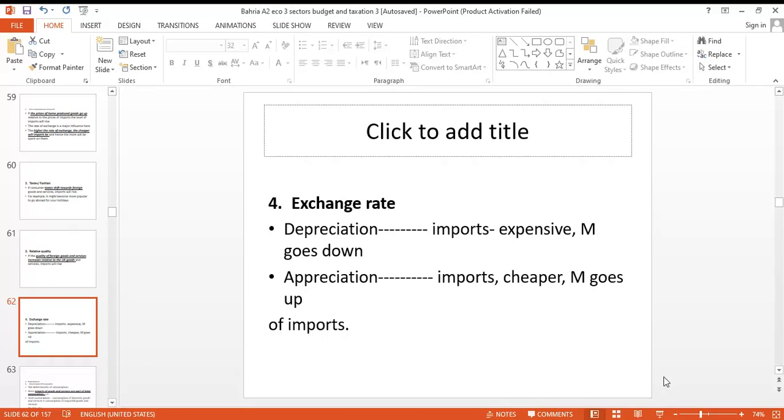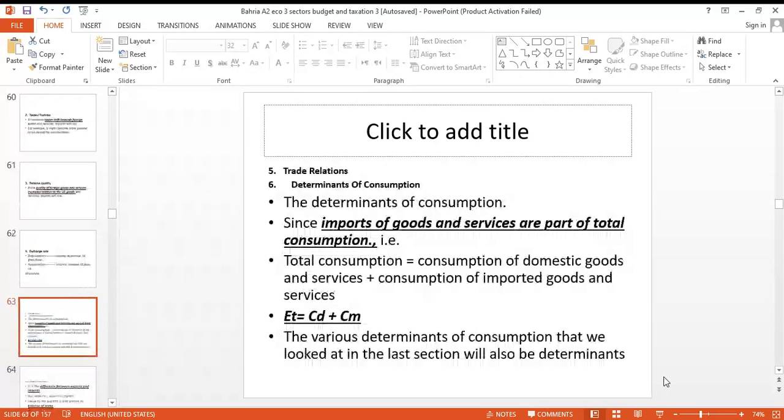Depreciation: if your currency goes down, all other factors constant, the foreign good looks expensive because the power of your currency has gone down, so your imports will go down. When appreciation takes place, the reverse happens. Your foreign good appears to be cheaper and you're going to buy more. And what if trade relations between you and other countries are good? Then there is going to be more trade, more imports.